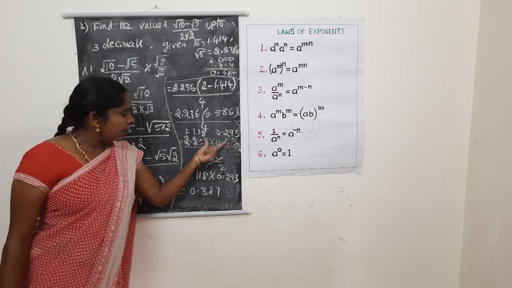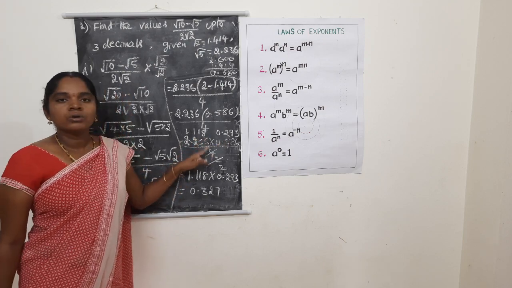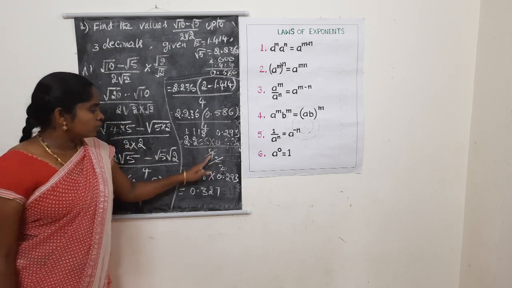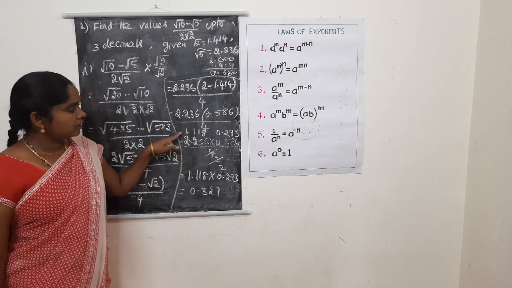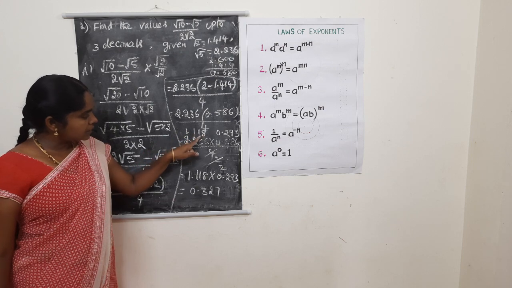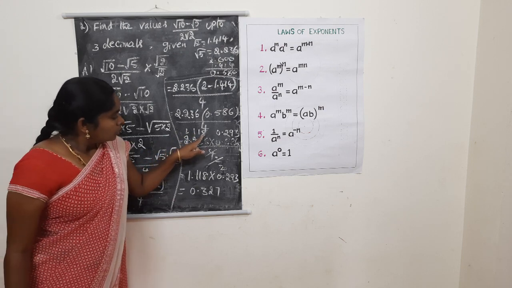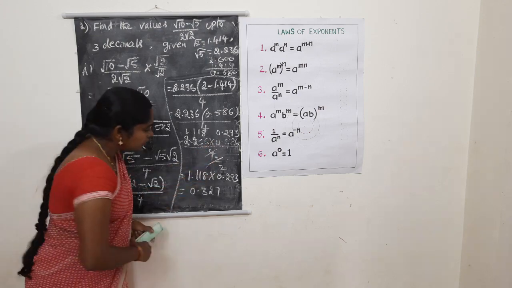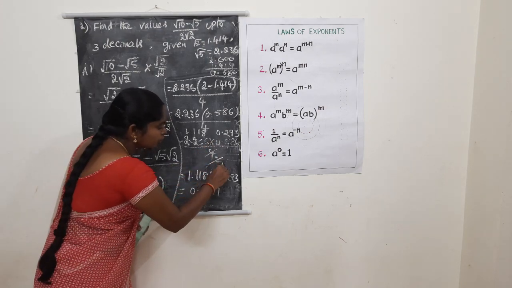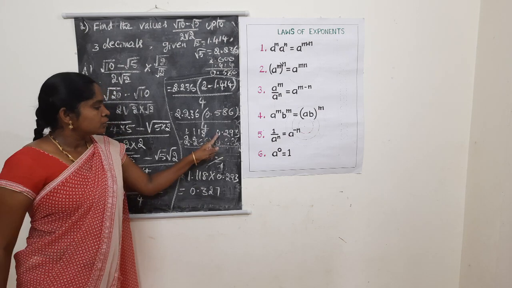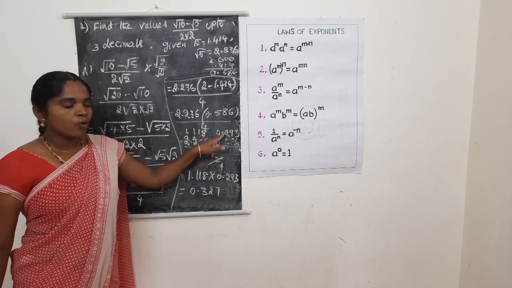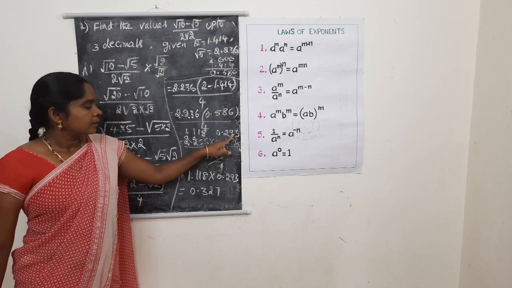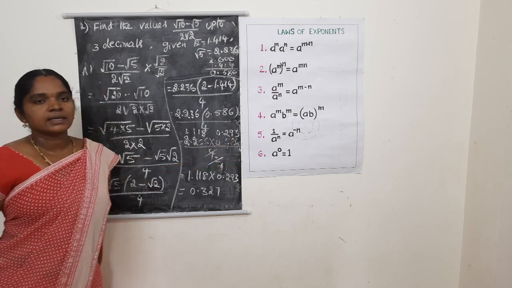We can cancel these two with the 2 table. 2 2s are 4, 2 1s are 2, 2 8s are 16. Next, again cancel with 2. 2 1s are 2, 2 2s are 4, remaining 2 9s are 18, 2 3s are 6.